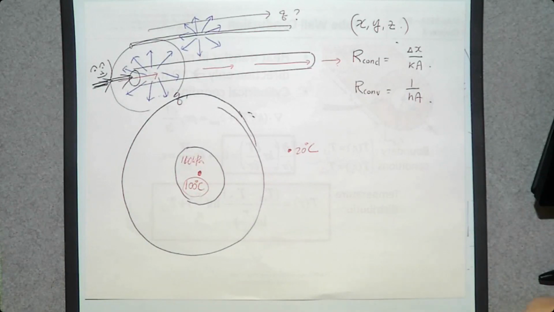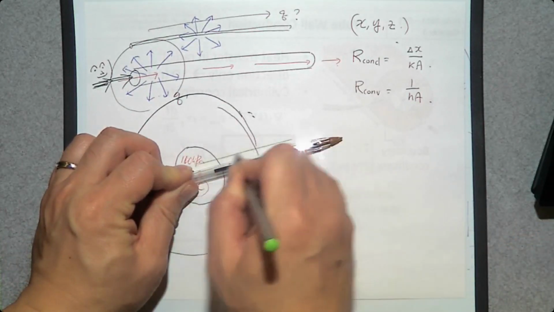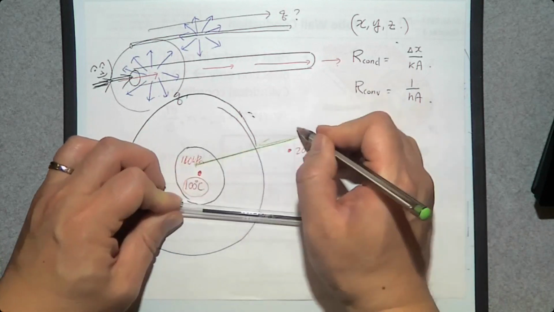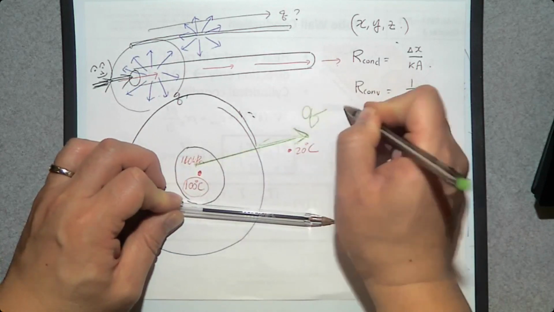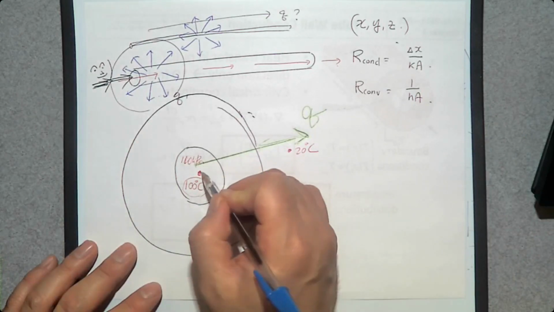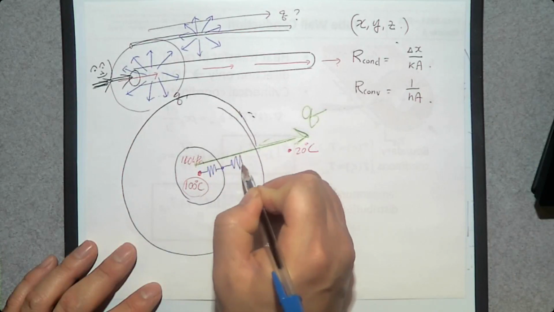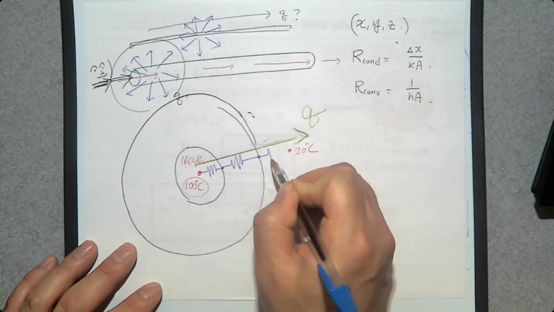So the heat transfer direction is this way. From inside to the outside, there's this Q. Then what kind of heat transfer? Is it conduction, convection, or radiation? It's going to be first convection, conduction, and convection again.